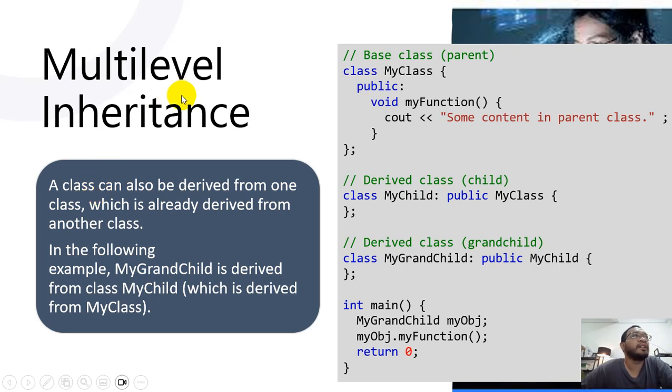You can also have multi-level inheritance. For example, class my child uses public my class, class my grandchild public my child. So this one is level 1, and this one will be level 2. If you have another level, and so on, you just put it as you see in the example.